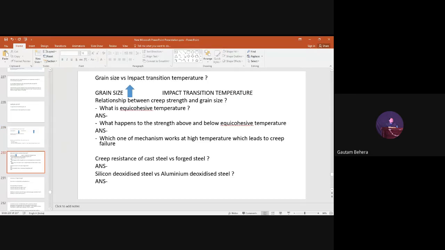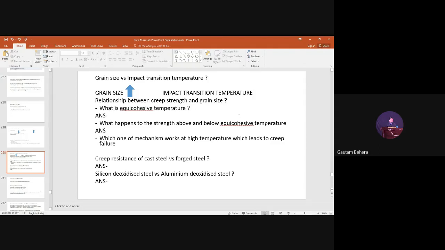Then grain size versus impact transition temperature. This is also a good concept. Impact means sudden loading, a sudden force acting on the material, which may fracture easily, so it should withstand sudden impact loading.